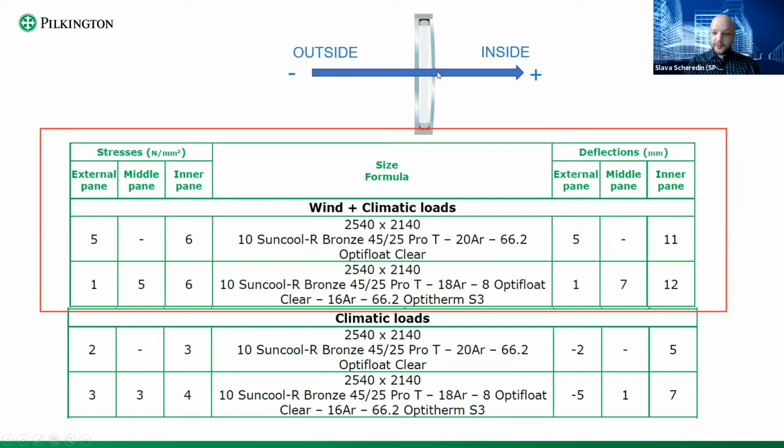So what do you see? If we're looking at the top of the table, under maximum load, we see, okay, very big deflection, very big glass bending. So this composition should be better, right? This one.